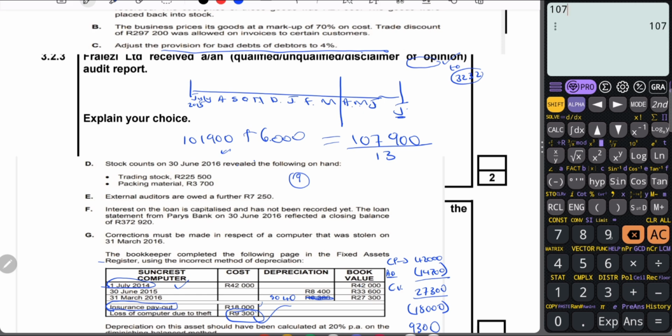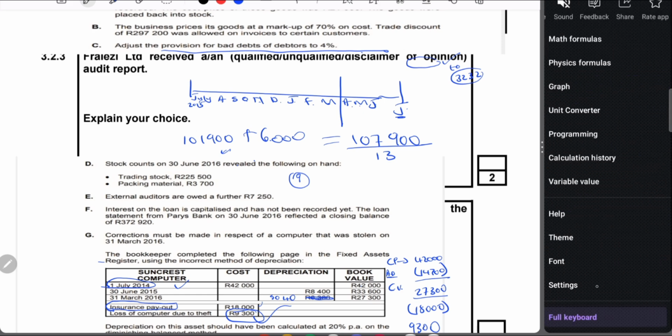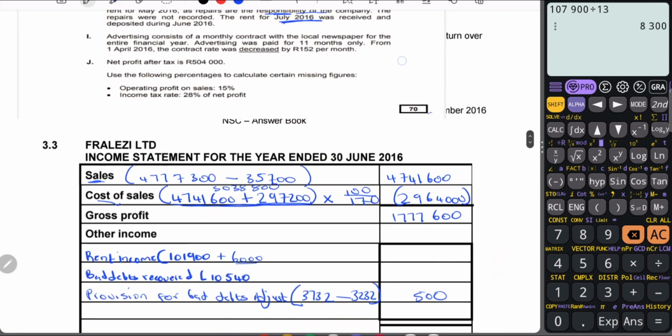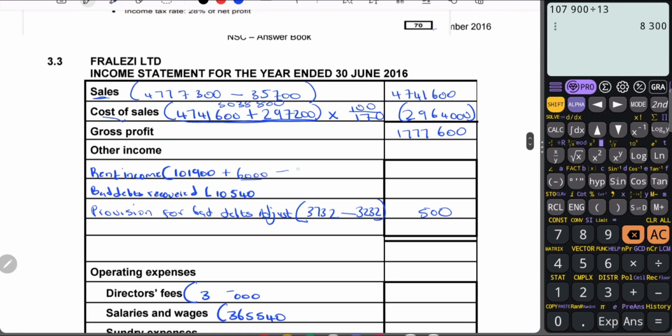It's going to be 107 900 divided by 13, as the rent was paid in advance. Then I'm getting 8,300. So you come here, you take it out.